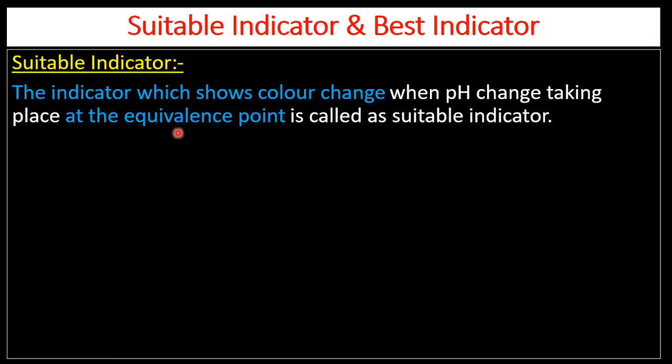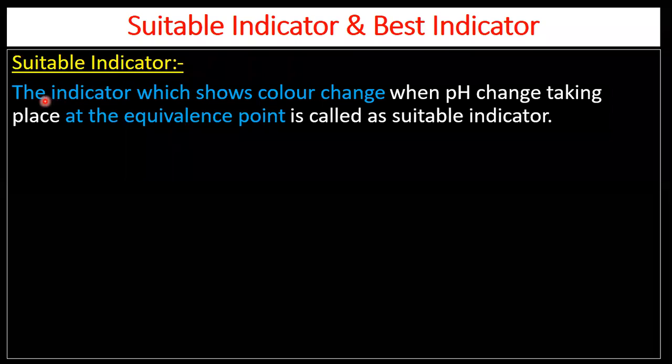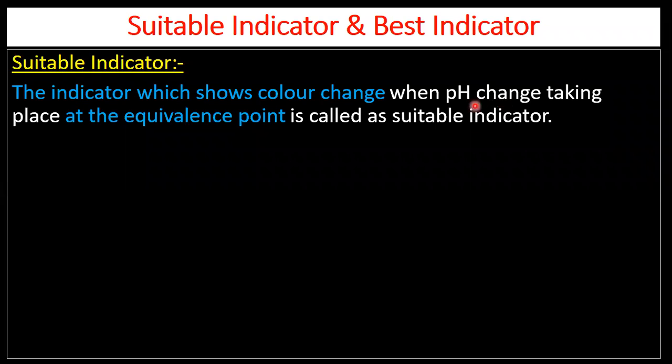And at the equivalence point, or end point, or neutralization point, the pH of the solution changes, right? So at this point, those indicators which show color change are called suitable indicators. The indicator which shows color change when pH change is taking place at the equivalence point is called a suitable indicator.